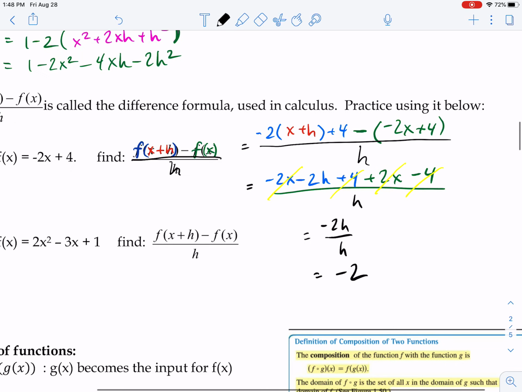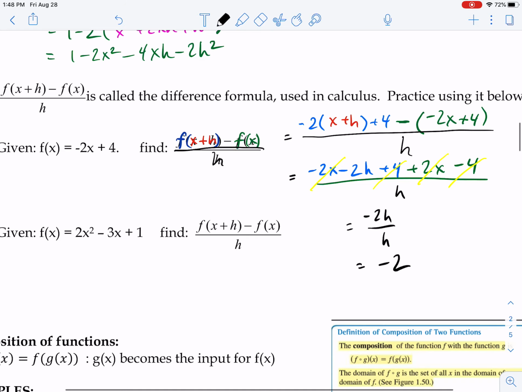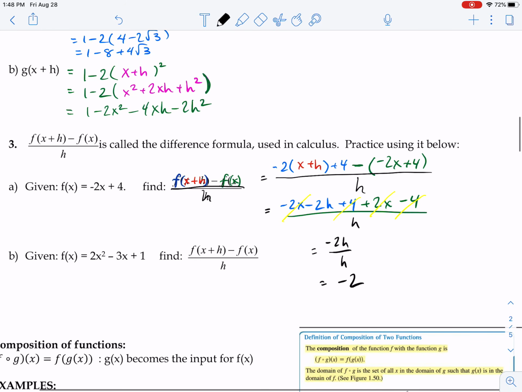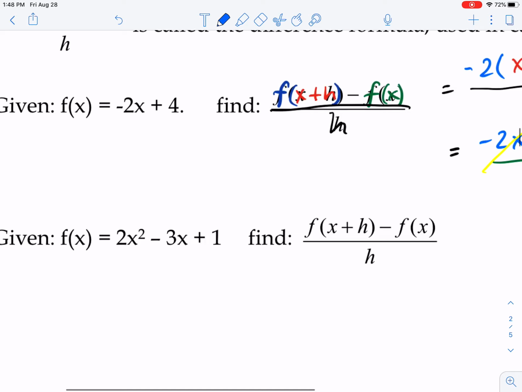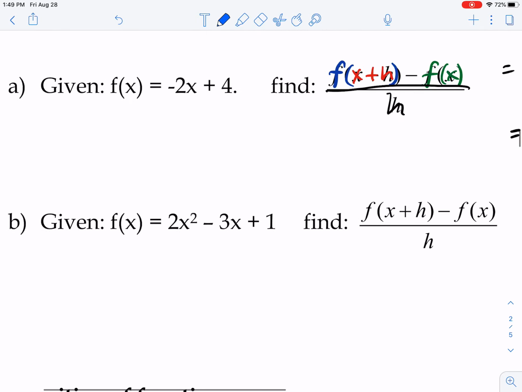And that's that very first one. So we have done the difference quotient on this function f of x equal to negative 2x plus 4. This doesn't make a ton of sense to us today, but it will be hugely important when you get to calculus. Okay, the next one, they've given us a little more challenging problem.